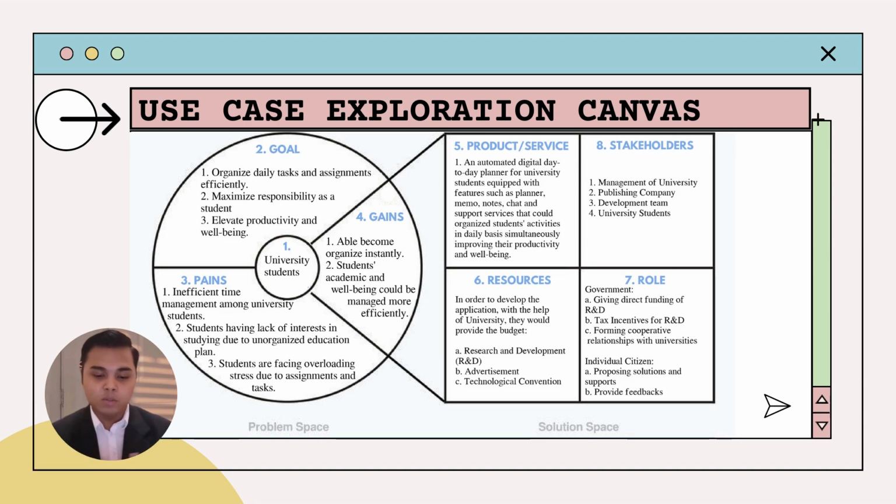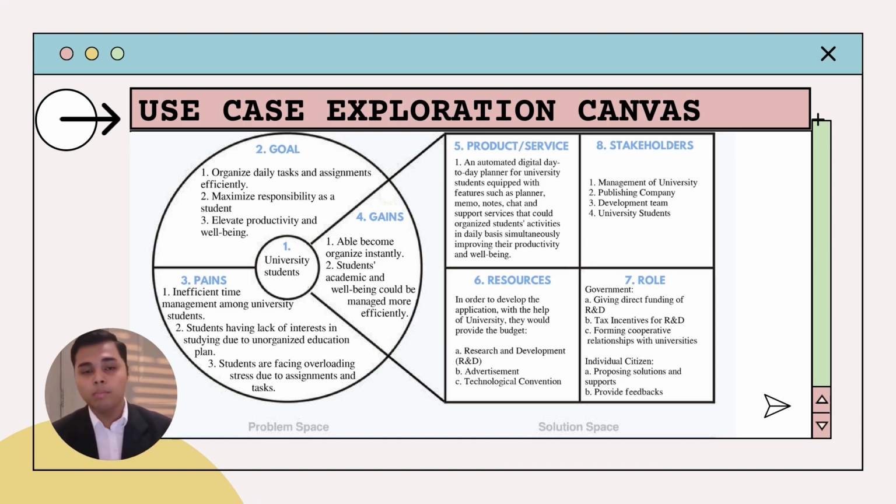The pains, which are the problems and challenges they encounter, are inefficient time management, students having lack of interest in studying, and also students facing overloading stress. The fourth component, the gains, is what makes it easier for them. By using this application, they could become organized instantly, and their academics and well-being could be managed more efficiently.